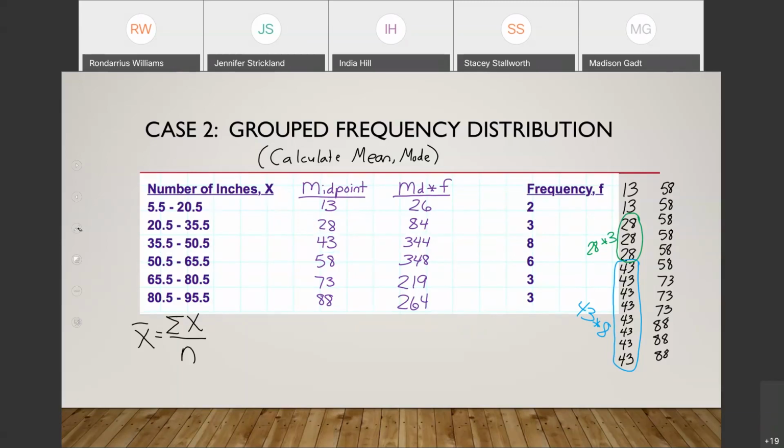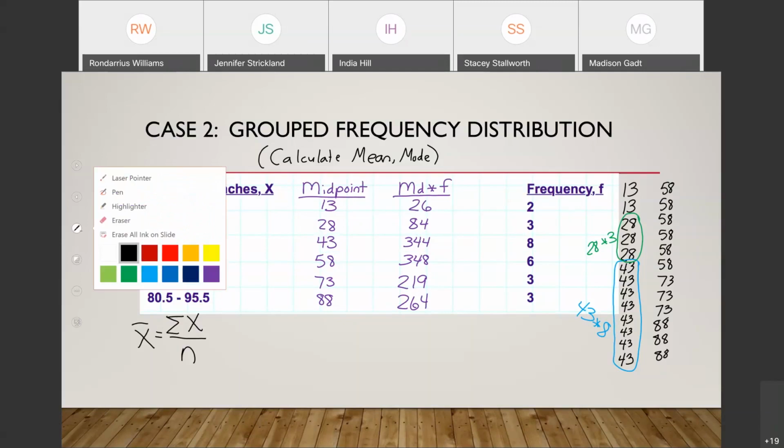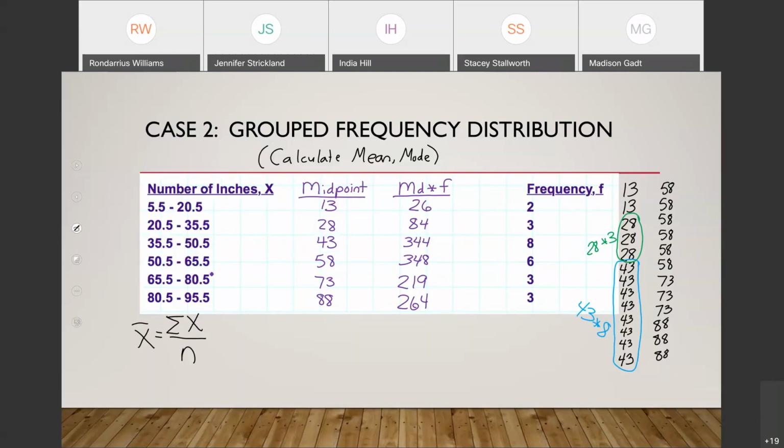Okay, so remember that my goal here was to take all of these numbers over here and add them up. So now, how do I get it added up easier? Like I've added up these little parts of it. I've added up the 43s separately, and I know that that's 344, and I added up the 28s separately, and I know that that's 84. So what do I need to do next?